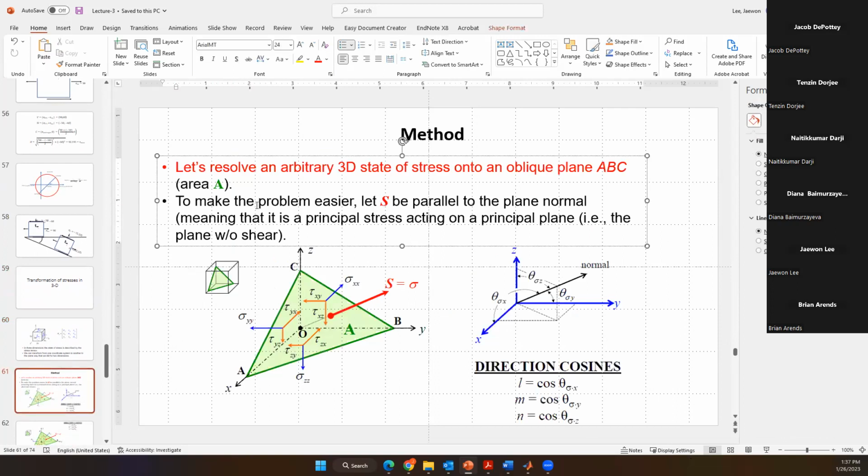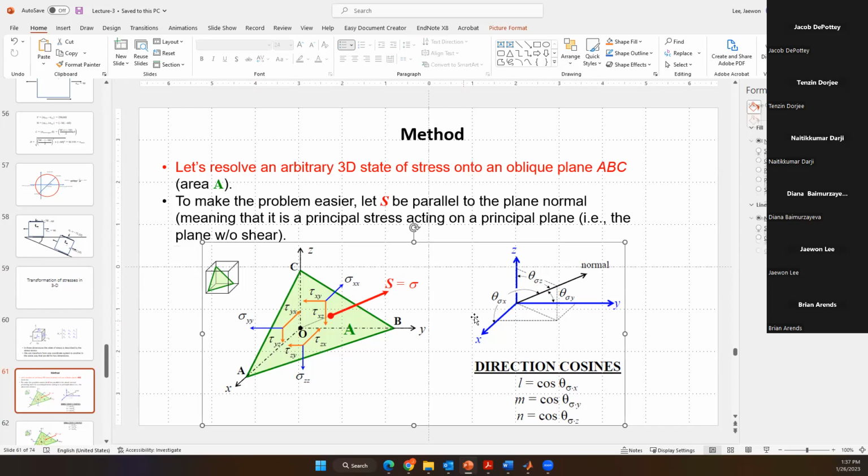3D transformation is more complicated. As you can see, if there is a normal stress, in case of 2D, we just consider two components. But in case of the 3D, we need to consider the 3 components, and they have different angles based on the X direction, Y direction, and Z direction.